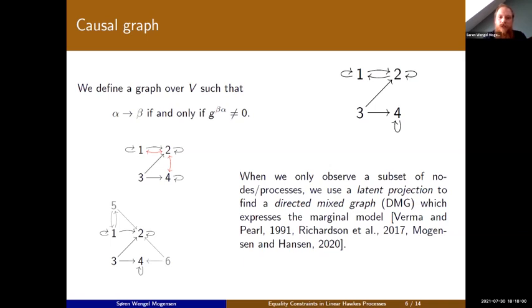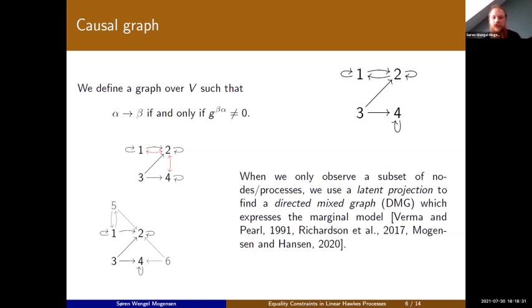I also need a representation of this in the partially observed case. When I talk about partial observation, it's always the case that some of the coordinate processes are fully unobserved. If you go to the bottom left, here I have a graphical representation of a 6-dimensional process, but let's say that I don't observe processes 5 and 6, in which case I can make a latent projection, which would be the graph above it with the red bidirected edges.